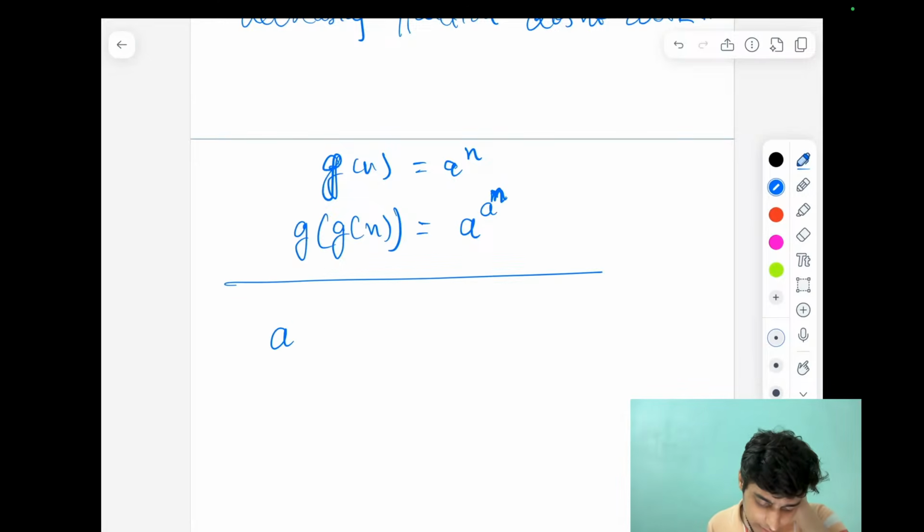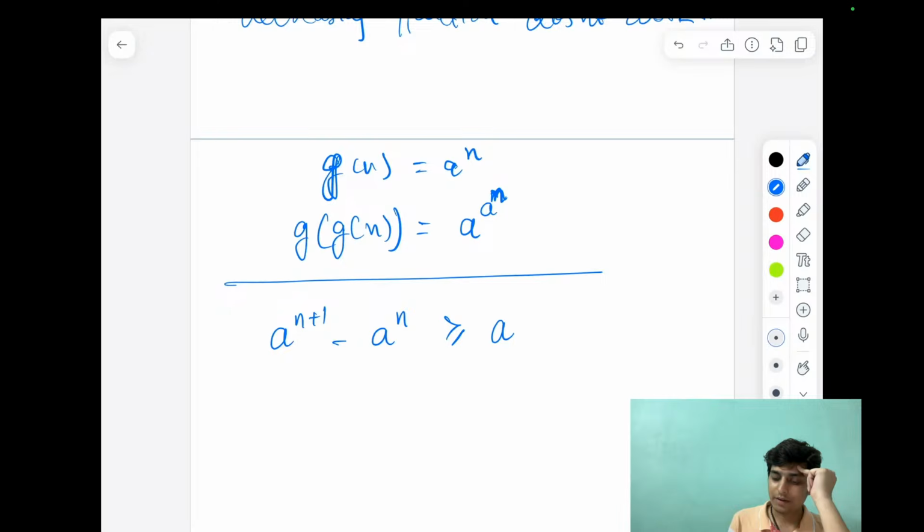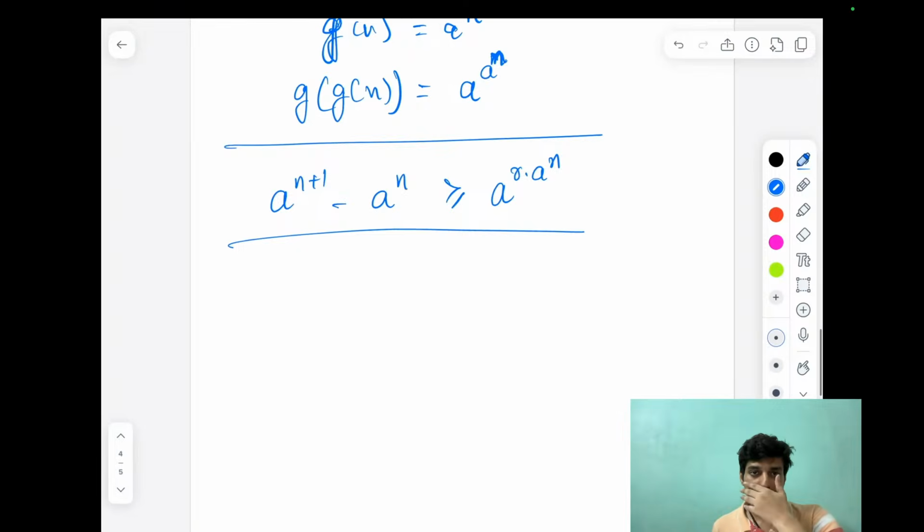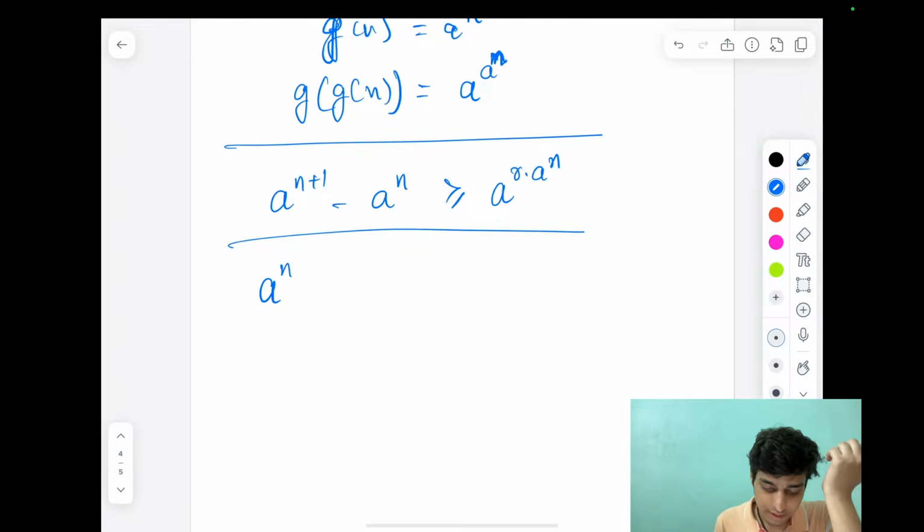Let's check a to the power n plus 1 minus a to the power n is always greater than or equal to a to the power r into a to the power n. I can take a to the power n common and be left with a minus 1.